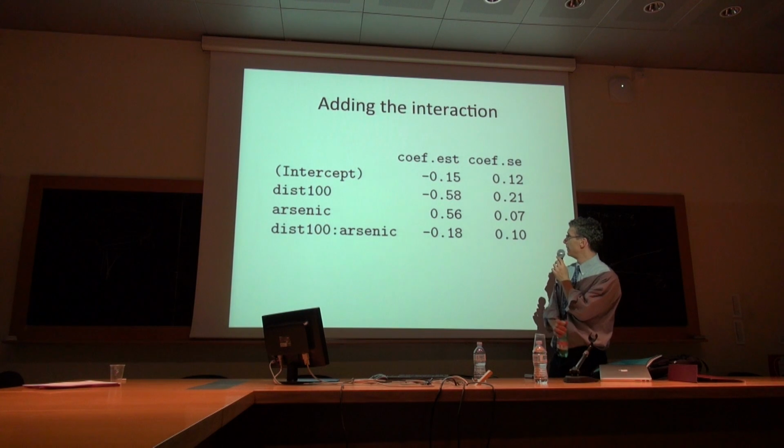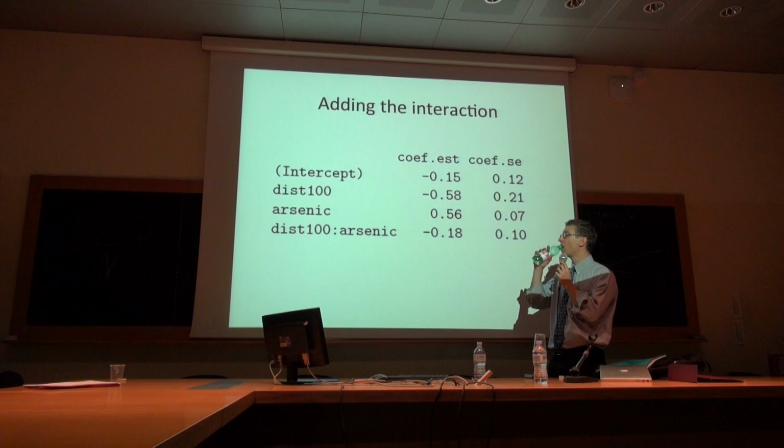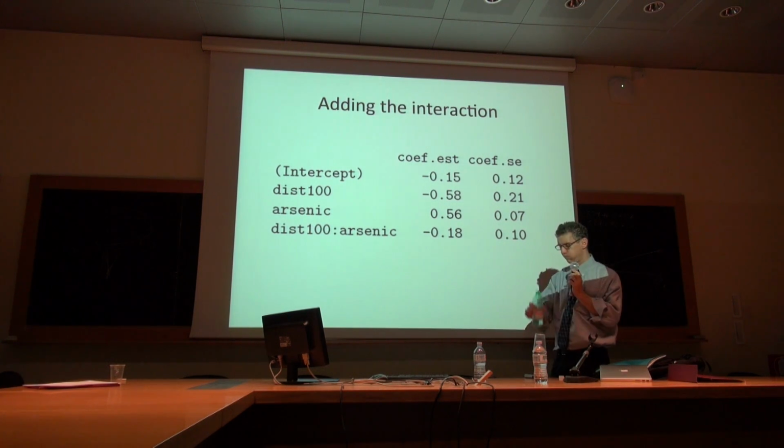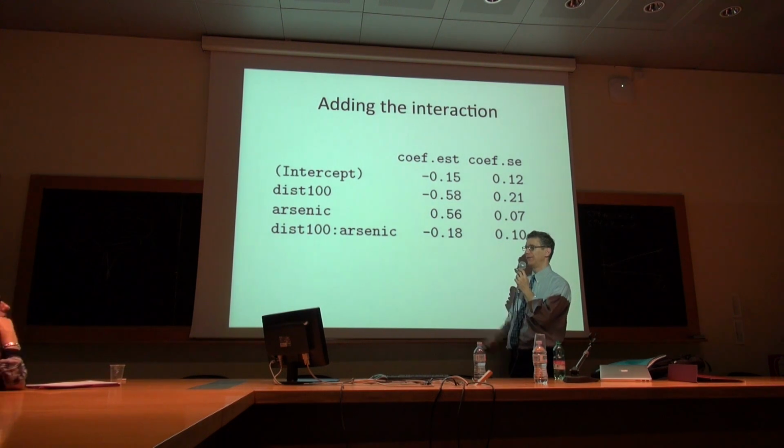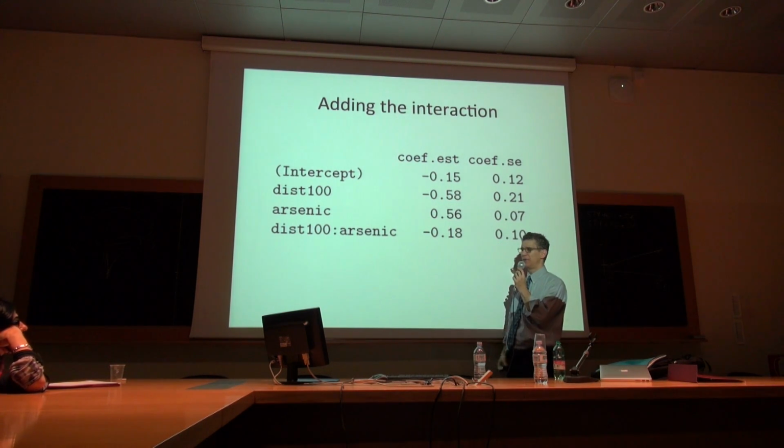So we put in the main effect for distance and for arsenic and the interaction. Now, I always have trouble interpreting these things. What does this negative number mean? So you just sort of have to work it out.